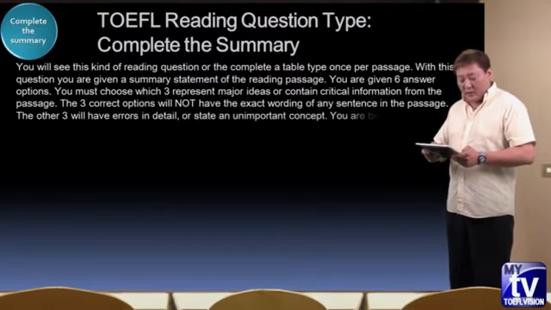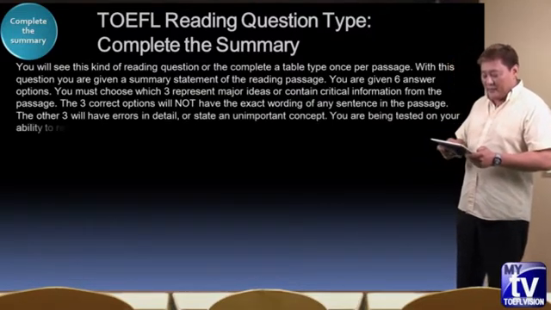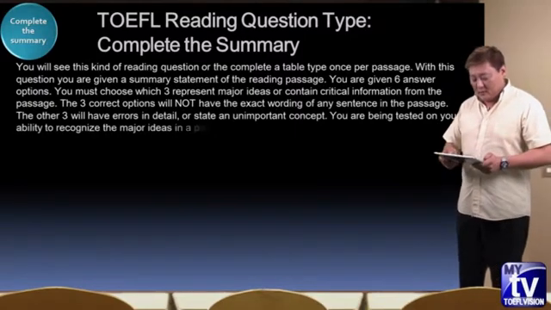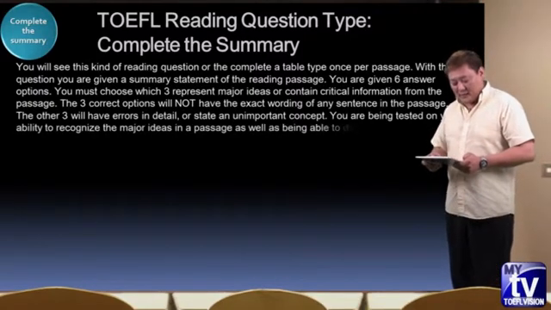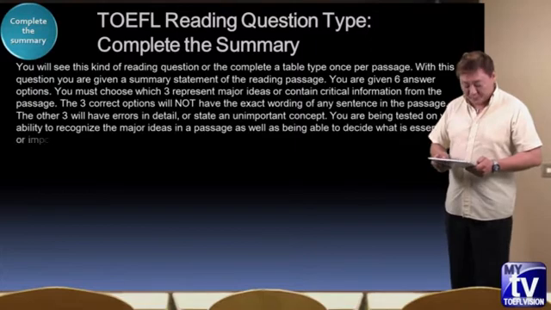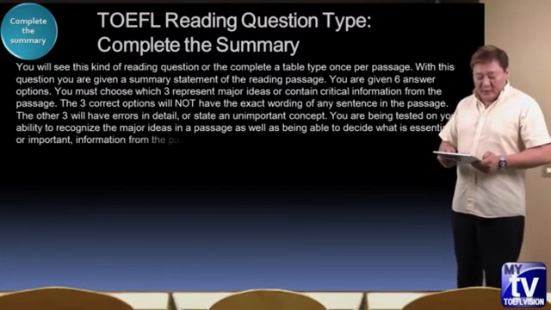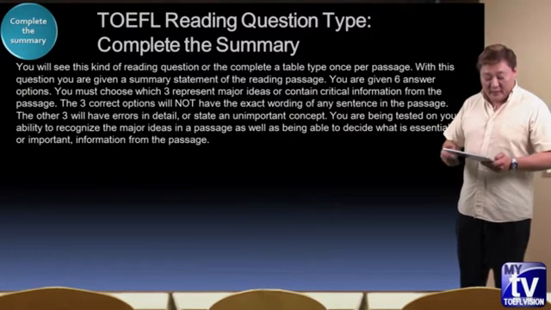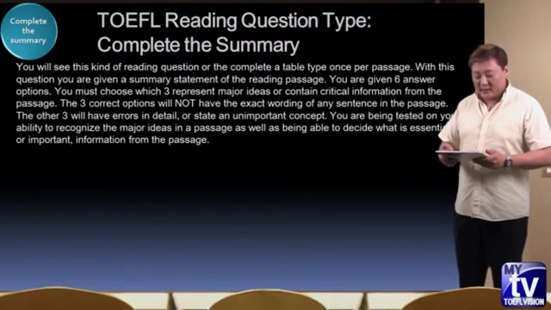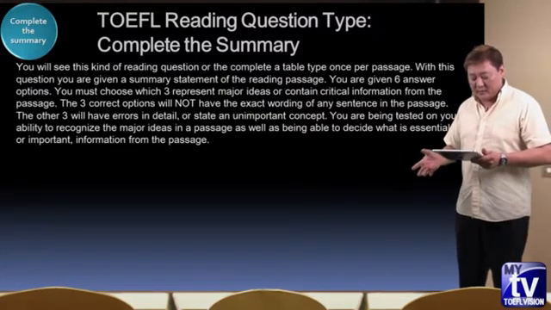The 3 correct options will not have the exact wording of any sentence in the passage, basically paraphrased. The other 3 will have errors in detail or state an unimportant concept.